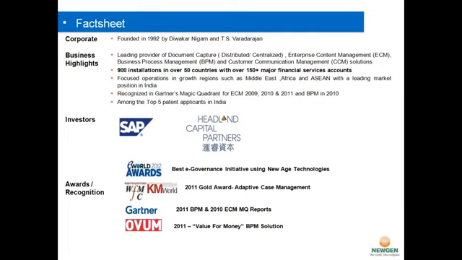We have over 900 installations in 50 countries, with over 150 major financial services customers in the BFSI sector mainly, and focused operations and growth in India and the Middle East region. We are recognized in the Gartner Magic Quadrant since 2009. So that's a small brief about my company.